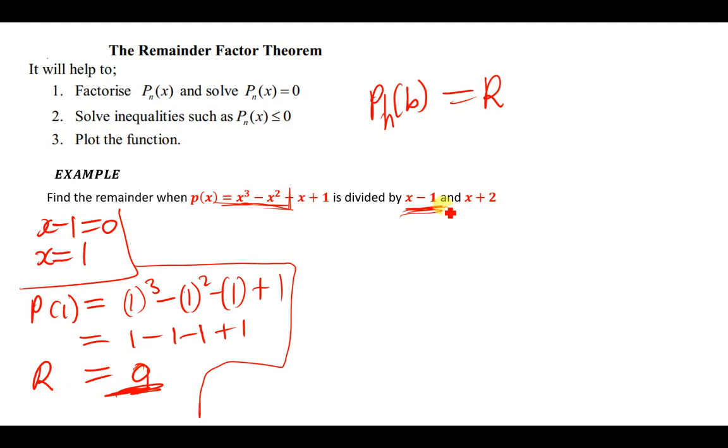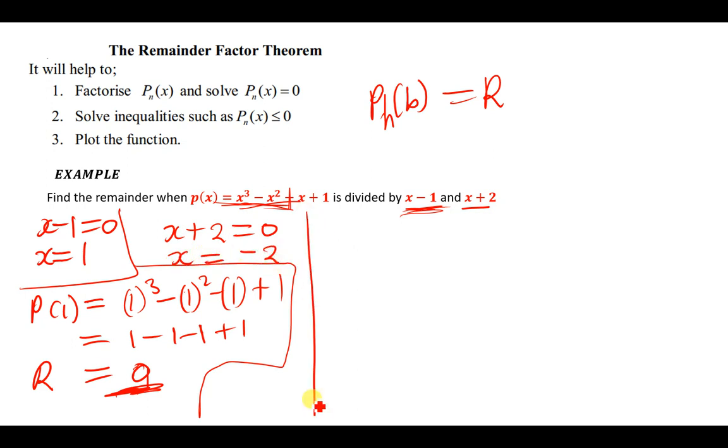So let us try to divide this by that to see if it's going to have a remainder. Dividing by x plus 2 is just the same as first equating x plus 2 to 0. So x plus 2 is equal to 0. Then you take the 2 to the other side of the equal sign, so x is equal to negative 2.